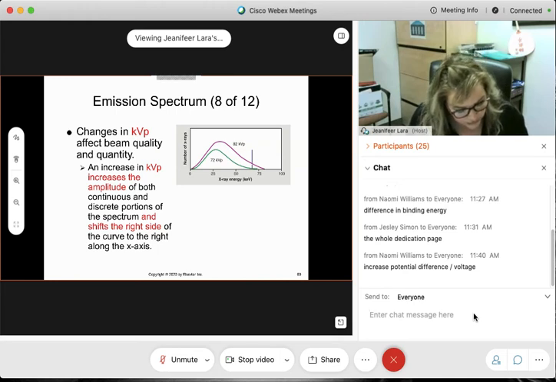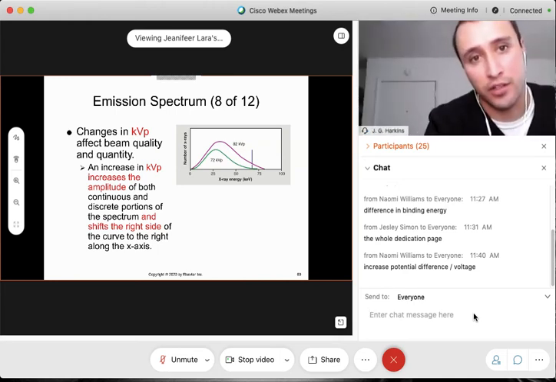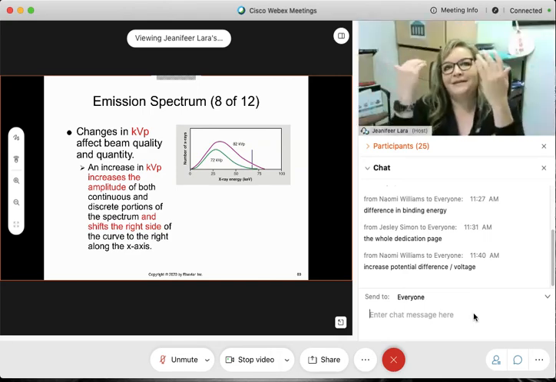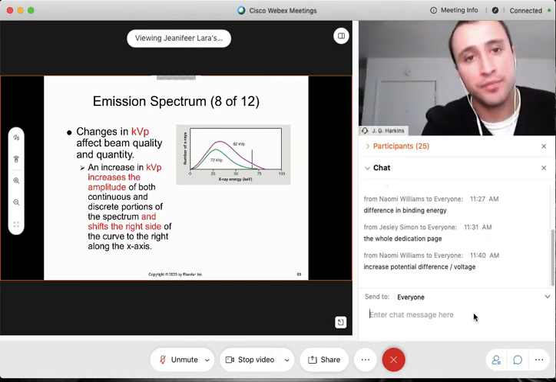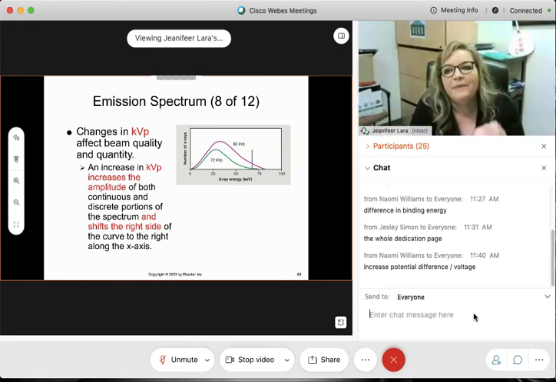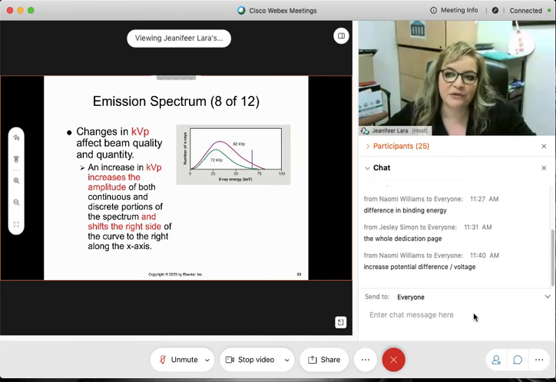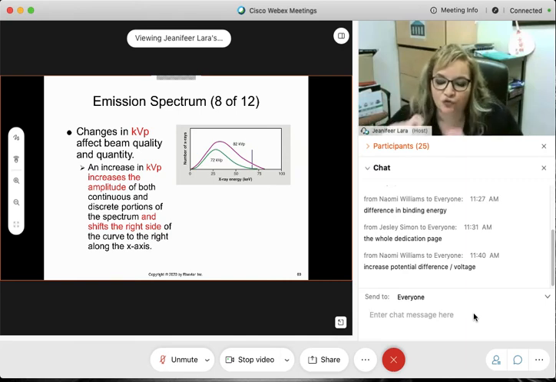That's why it's not direct. It's like a side effect. It just happens when you increase KVP. It's a result, but it does not control it.